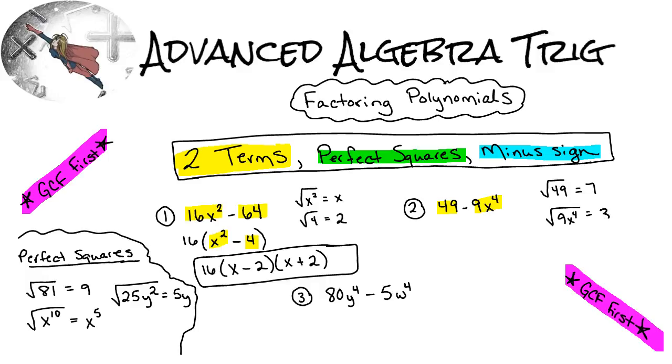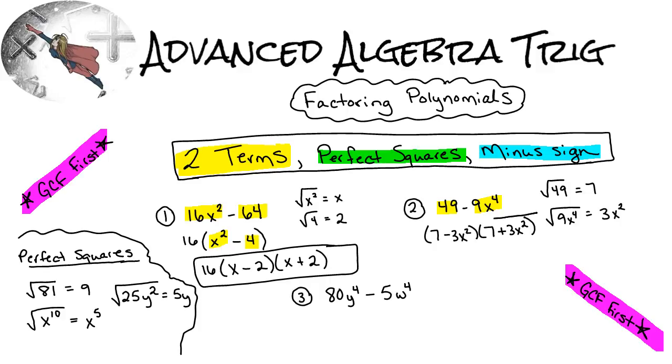Sure, it's 3x squared. So perfect. They are perfect squares. And now it does have a minus sign. We can see that. So the factoring, you get two pairs of parentheses. You put the square roots in there in order with a minus. So 7 minus 3x squared in the first one, and 7 plus 3x squared in the second one.